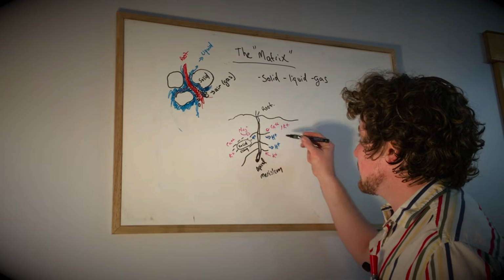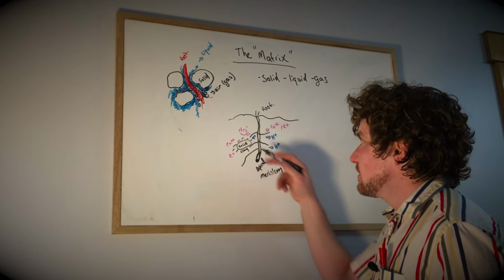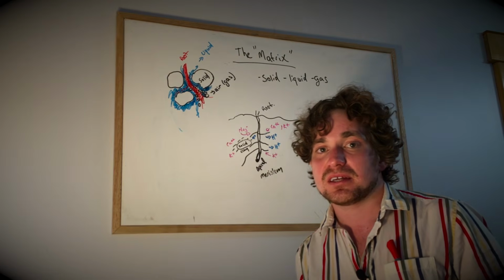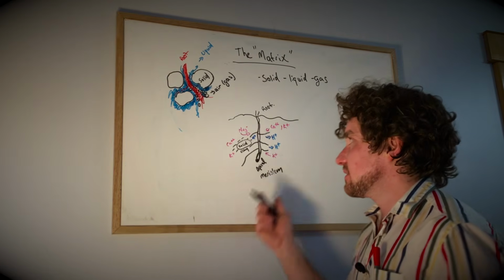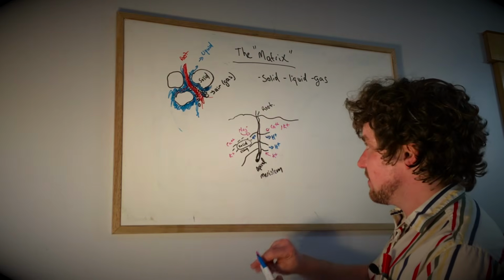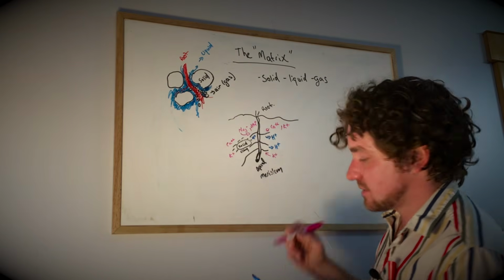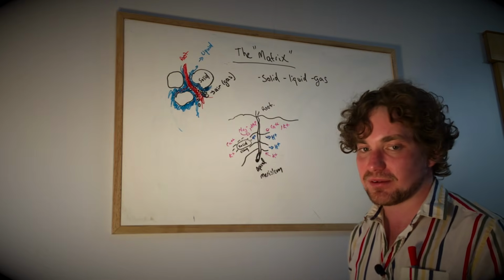So our friends calcium, potassium, and then nitrogen available as nitrate. It's also available as NH4+, which is ammonia or ammonium.